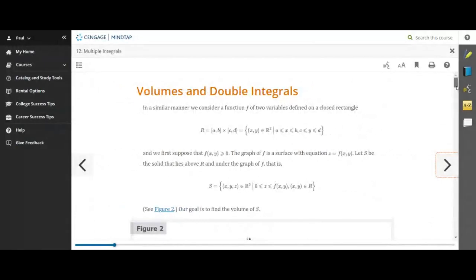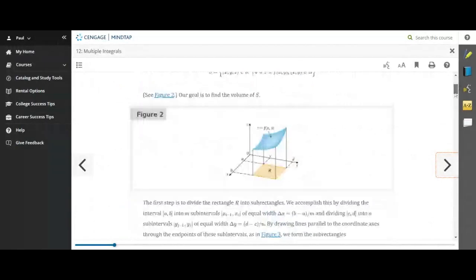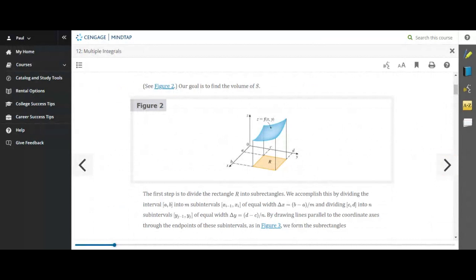We would talk about finding the volume underneath the surface. So here in figure 2, you have a surface given by z equals f of x, y, and it is over some region R. And there is a volume between that surface and the region R in the xy plane. So what would we do?